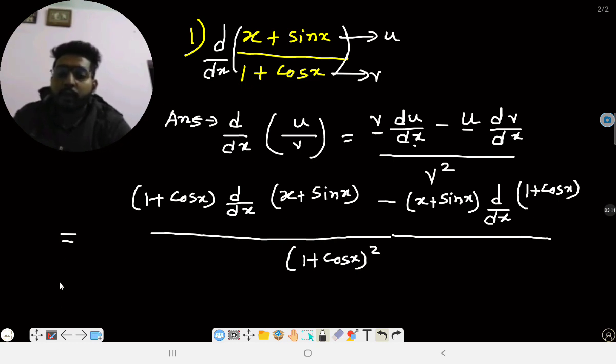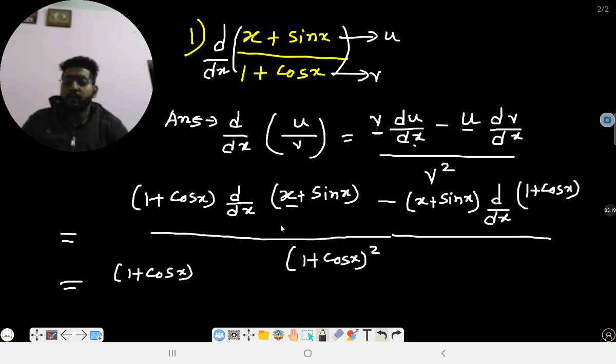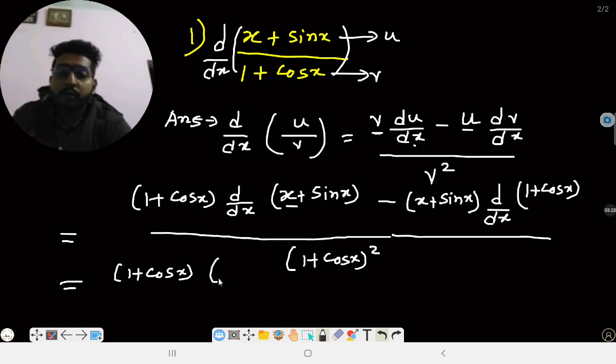Now the next one: 1 plus cos x. There is 1 plus cos x. Now differentiate x. What is the differentiation of x? We know the differentiation of x is 1. So that will be 1 plus the derivative of sin x, which is cos x.